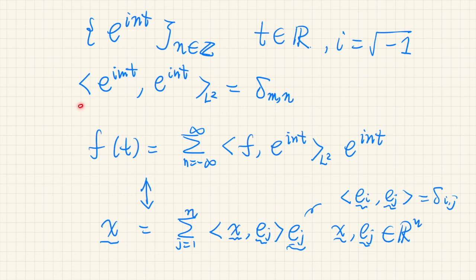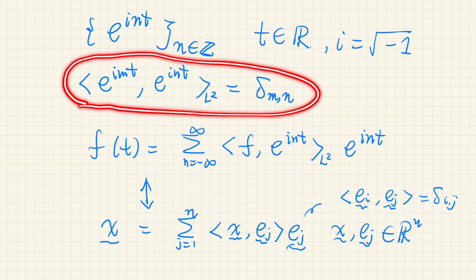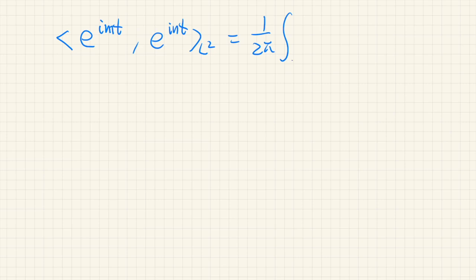So let us first show this orthonormality. The inner product between e to the power of imt and e to the power of int, the L2 inner product, is by definition 1 over 2 pi, integrate from 0 to 2 pi, e^{imt} and e^{int} conjugate dt.